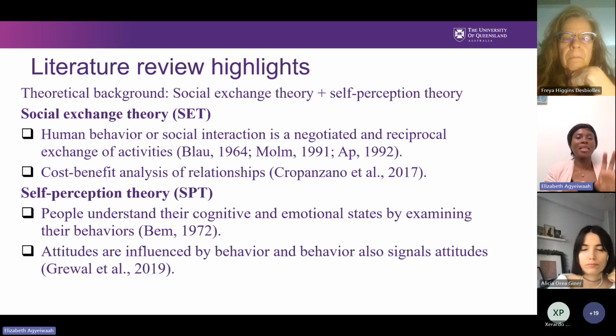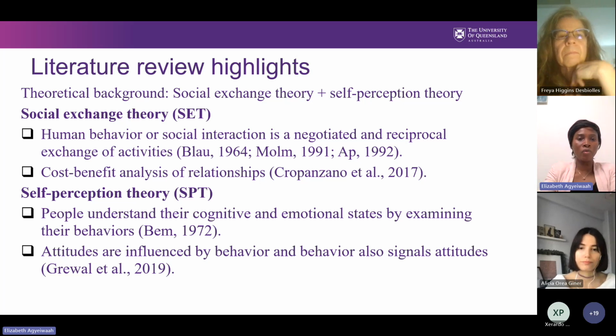And so that's where self-perception theory comes in. And so we bring self-perception theory and social exchange theory together to be able to explain and test the objectives and a set of hypotheses, to produce very useful results.